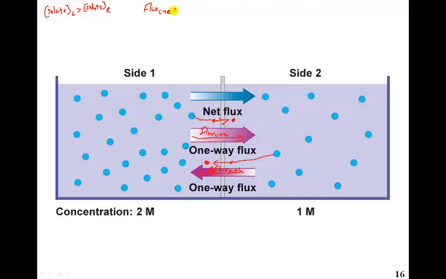Flux left to right is big, flux right to left is small, and then net flux left to right equals flux left to right minus flux right to left, equals big minus small, equals a positive value.